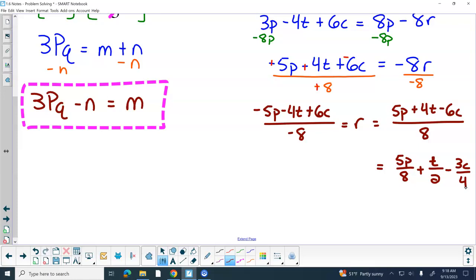I would not accept 5p over 8 plus 4t over 8 minus 6c over 8. I would not accept that because your fractions are not reduced. But you can also just leave it as one of those other two. That's not a you-have-to-put-it-in-one-specific-way type of problem.